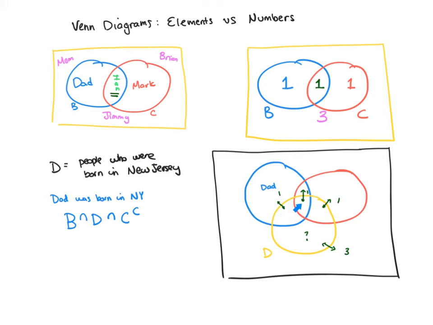And then C complement means you're outside of C, so that's just this region right here. If my dad was born in New York, he's not going to be in that New Jersey set. So that's telling you that this region right here has to be 0. Sorry about that. That must be 0. And that means that this over here must be 1.